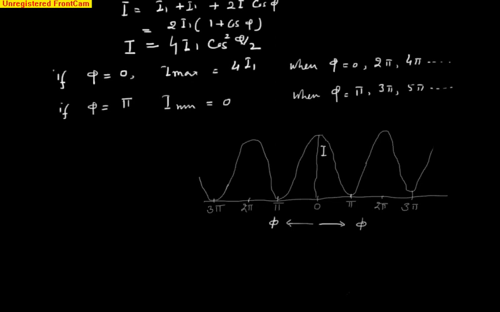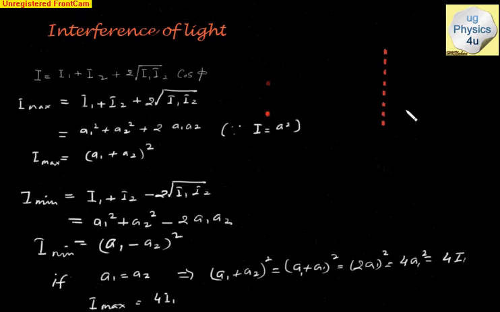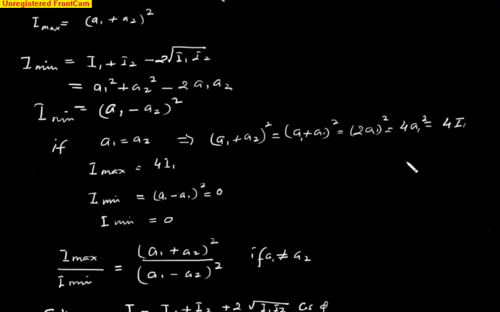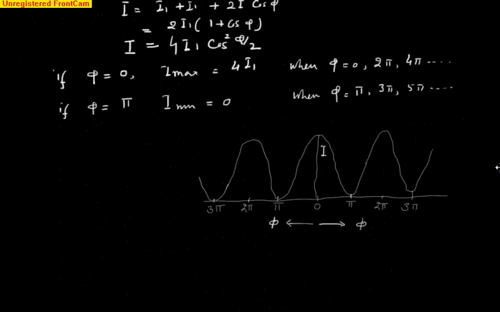Here you will have brightness, then this will fall into darkness. Then again on the other side also, when it is pi, it becomes a black zone, and then you will get a reddish zone here when the intensity is maximum, then again a dark zone. So this way intensity distribution can be shown.